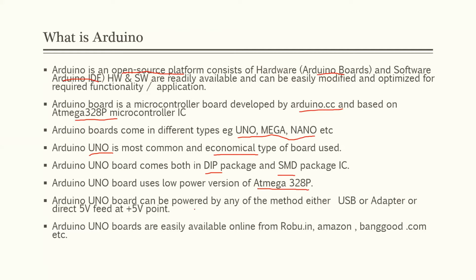The board can be powered by USB or by an external adapter, or it can be fed 5 volts directly at the 5 volt point. Arduino boards can be easily purchased from online websites like Robu.in, Amazon, Banggood, or any other websites. It is available on so many websites, so you can purchase based on cost and delivery schedule.